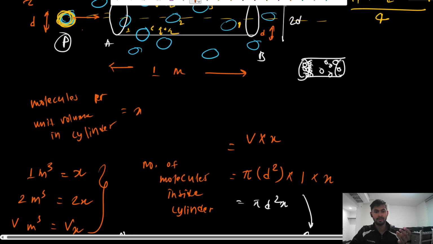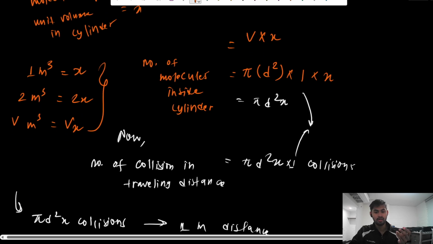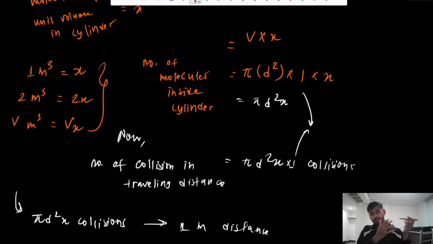Vx is basically the volume of cylinder, pi d squared h, and it assumes that the total number of molecules present in the cylinder would collide with the incoming molecule.